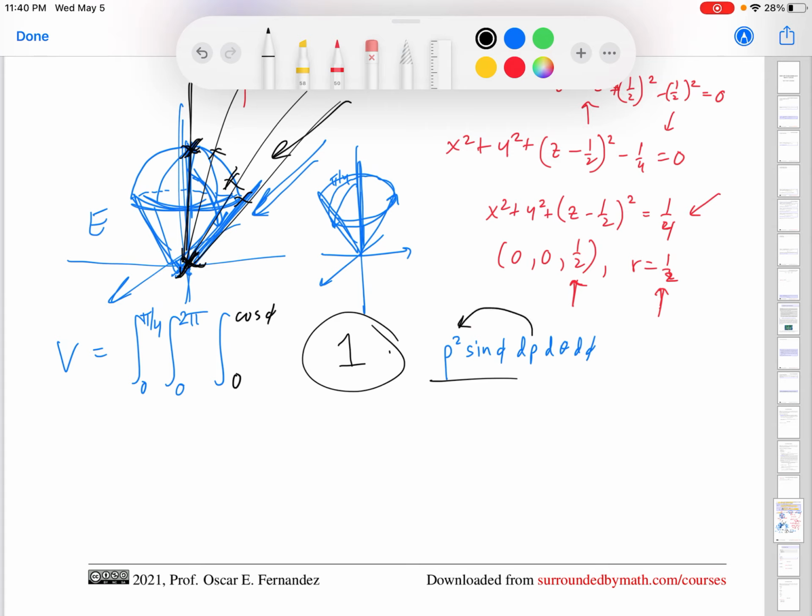If I integrate with respect to rho, then I get rho cubed over 3 sine phi from 0 to cosine phi, d theta d phi.